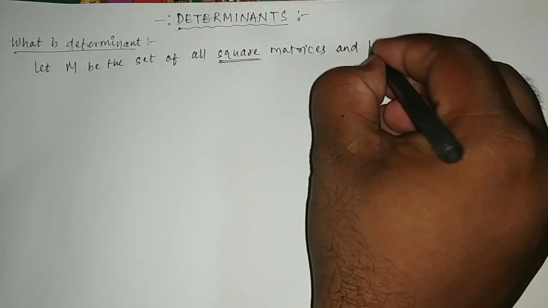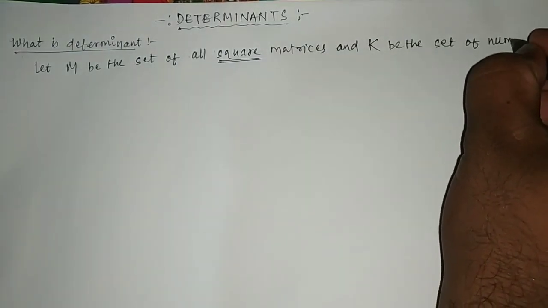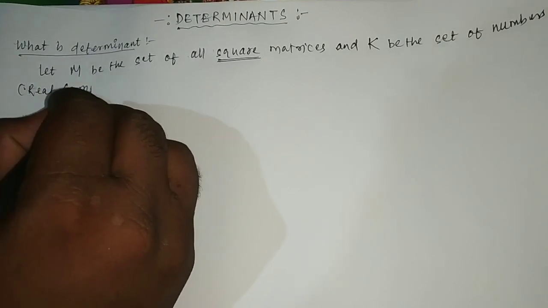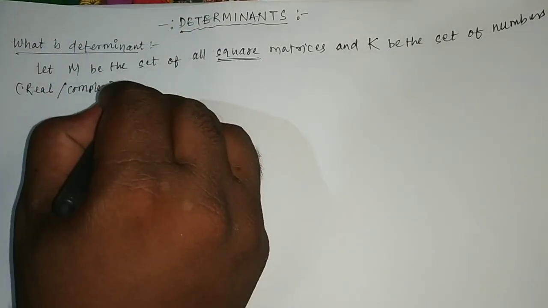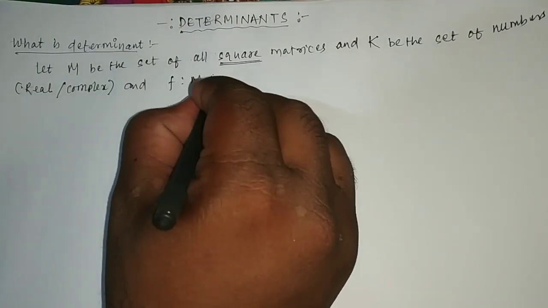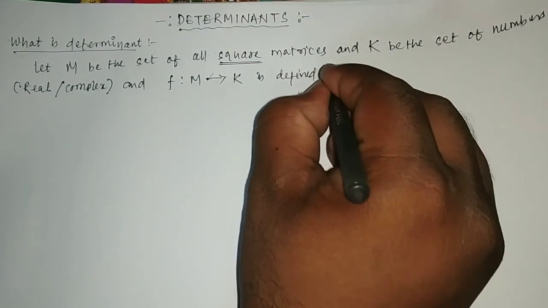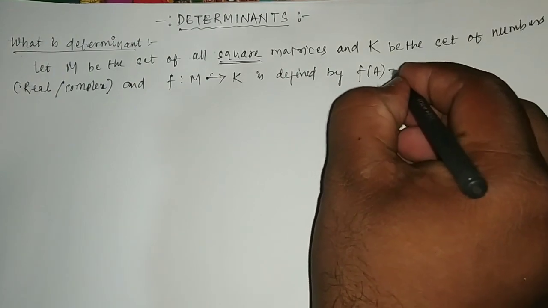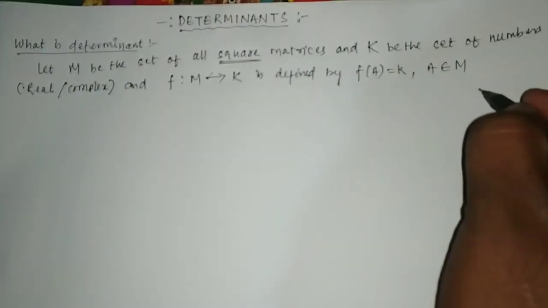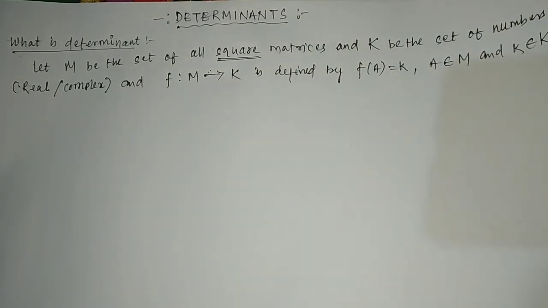Let K be the set of numbers, that may be real or complex, and F be a function from the set of all square matrices to the set of numbers, defined by F of A equal to k, where A belongs to M, that means a square matrix, and k belongs to the set K, a number.